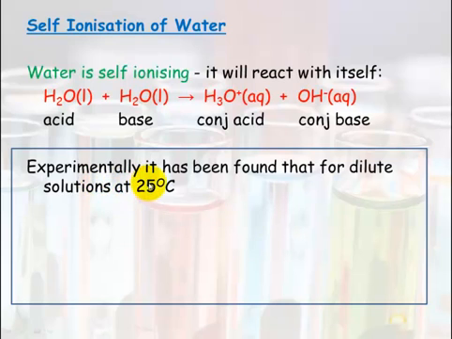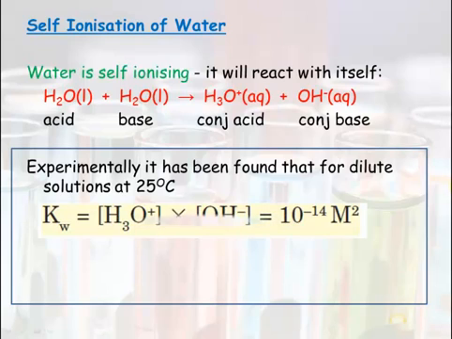Experimentally, it has been found that for dilute solutions at 25 degrees Celsius, the concentration of hydronium or H positive, when multiplied by the concentration of hydroxide, will always equal 10 to the negative 14 molar squared.